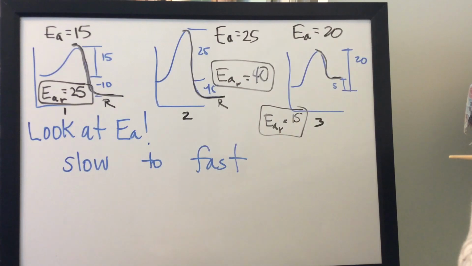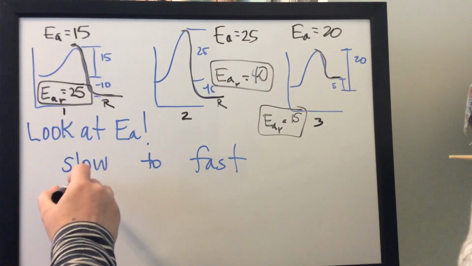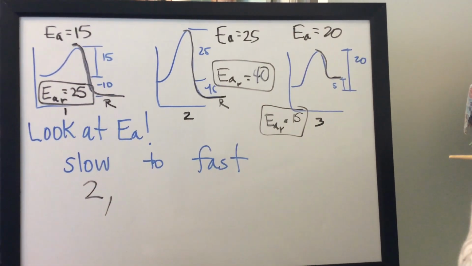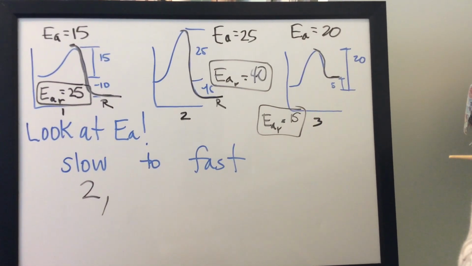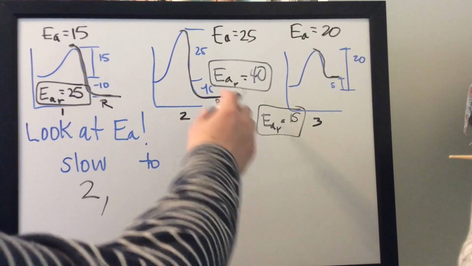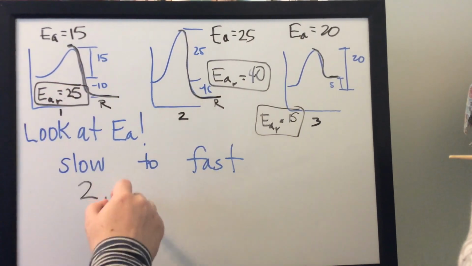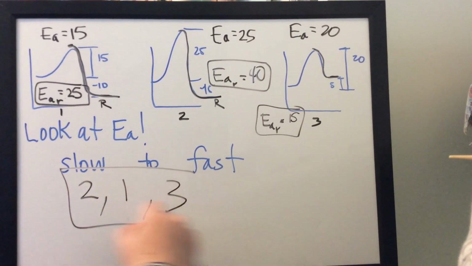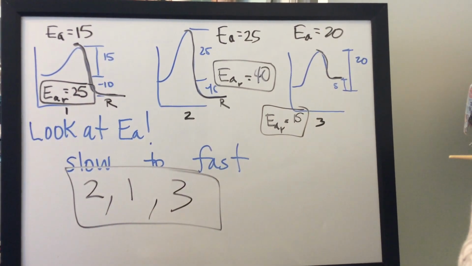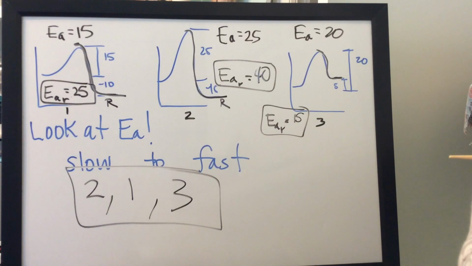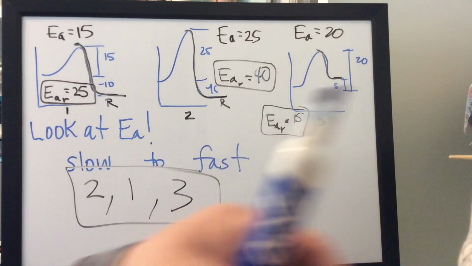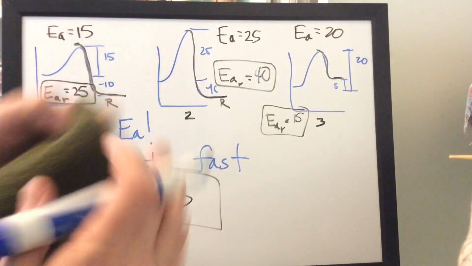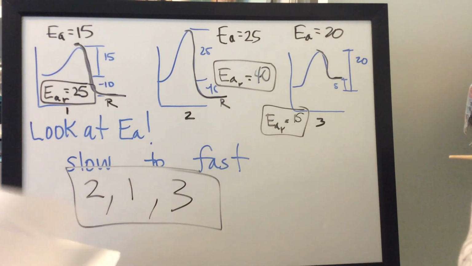So, slowest to fastest, slowest, biggest activation energy, absolutely, reaction 2, followed by reaction 1 with an activation of 25, followed by reaction 3 in the reverse with an activation of 15. So, very good question. That's something that I could see them asking on an AP test.